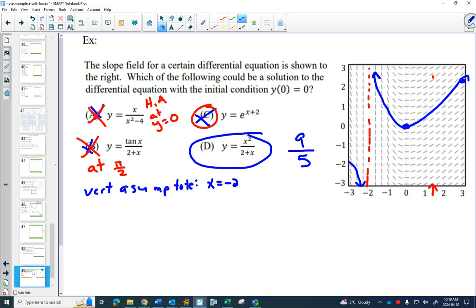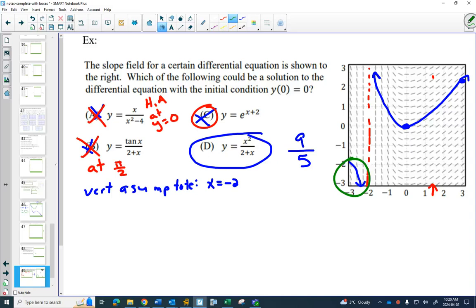With this asymptote here, from my slope field, I actually can't tell this at all. That part that's circled in the green, that matches up with graph D, as far as graphing, if I would actually graph the function D, it would match up. But if I was just given the initial condition of (0, 0), and I run into an asymptote, I don't know this part on the left.